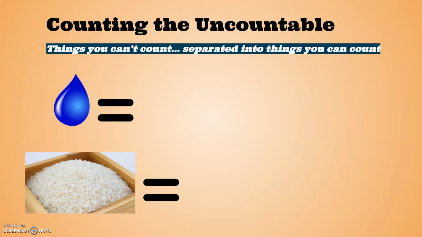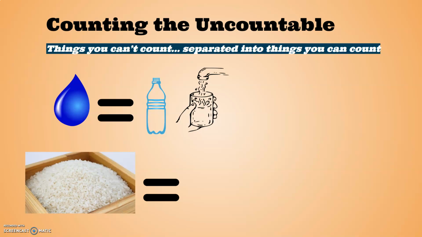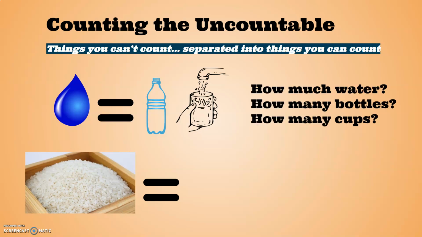For example, water. How much water? But we can put it into bottles and cups, and then we can count it. How much water? How many bottles of water? How many cups of water? The same with rice. Rice is uncountable.